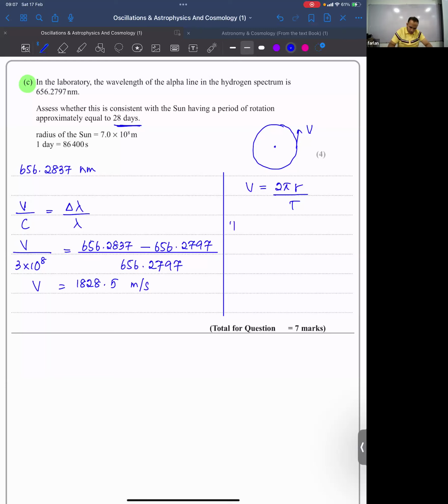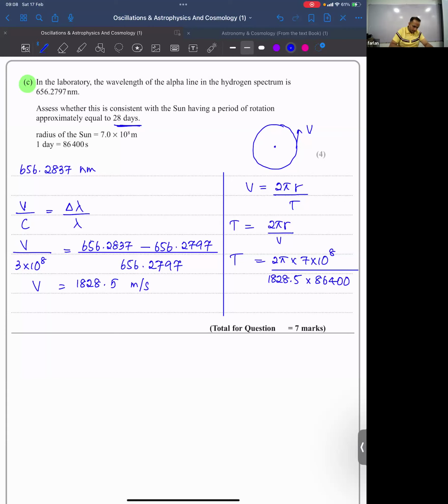So t is equal to 2 pi r over v, which is 2 pi times the radius of the sun, given as 7 into 10 to the power 8, over v, which I found now, 1828.5. Now this will give me the time in seconds, but I want to check it in days. They have told us 1 day is 86,400 seconds. So I'll divide this by 86,400 to see how many days it is.